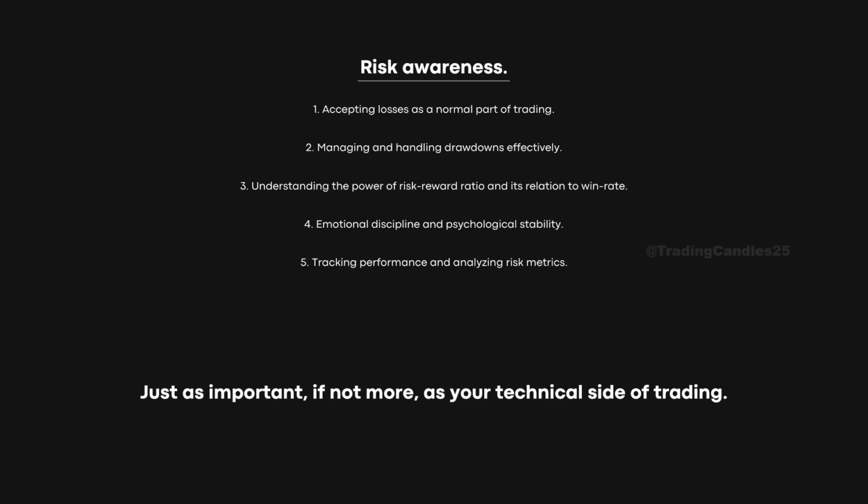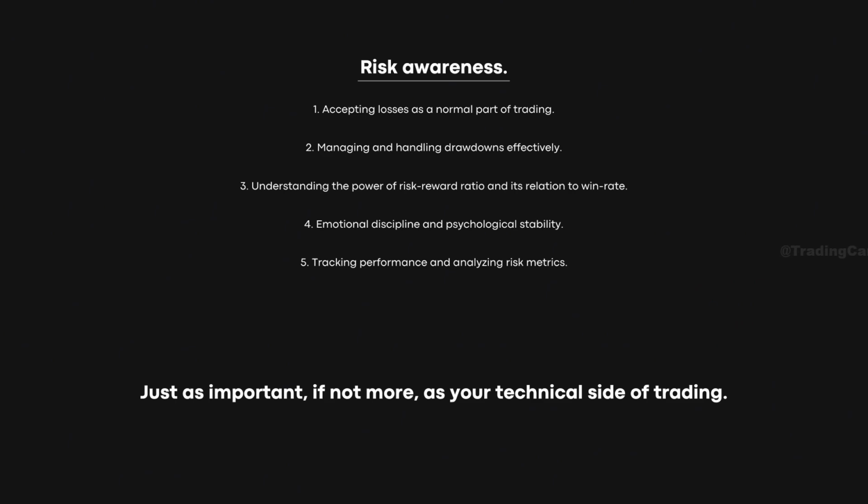Moving on, the fourth element is emotional discipline and psychological stability. Right? This isn't just about being calm while trading. It's about knowing how your emotions show up in the market. Are you someone who gets aggressive after a loss? Do you hesitate after a losing streak? Are you afraid to size up when things are going well? Right? All of those things fall under emotional risk.